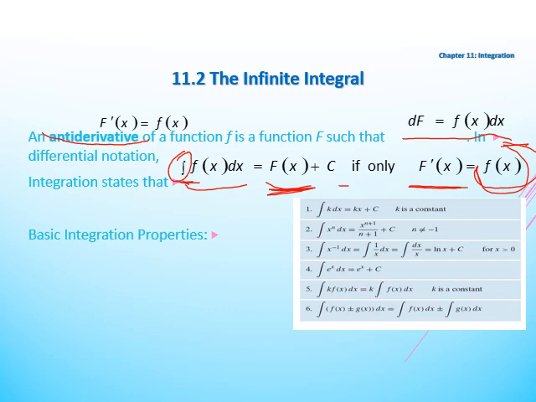Here are some basic integration properties. The first is, if we have a constant k, the integration of k dx is equal to k multiplied by x plus a constant.